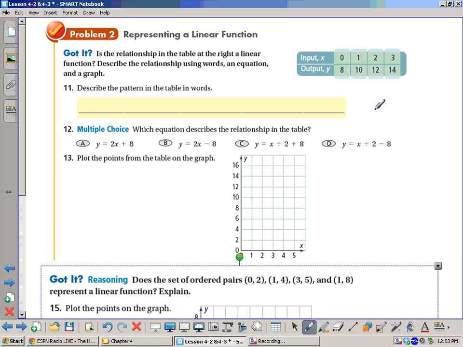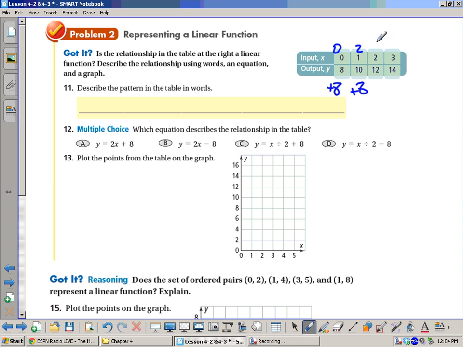So let's see if we can multiply. Let's see if we multiply by 2. So times 2, we get 0 plus 8. And then multiply by 2, we get 2 plus 8, we get 10.